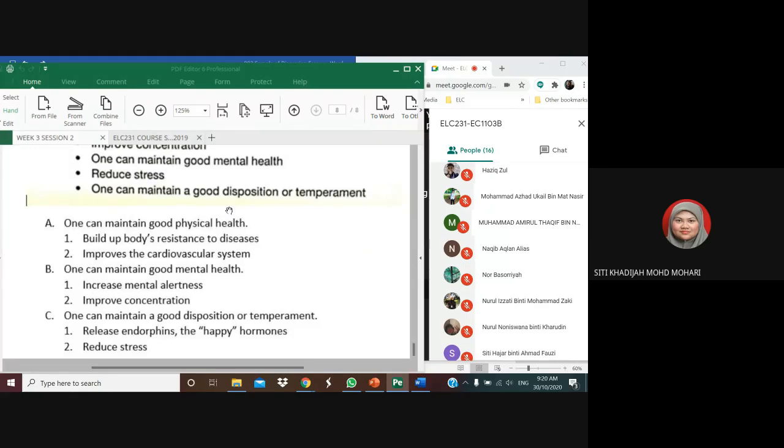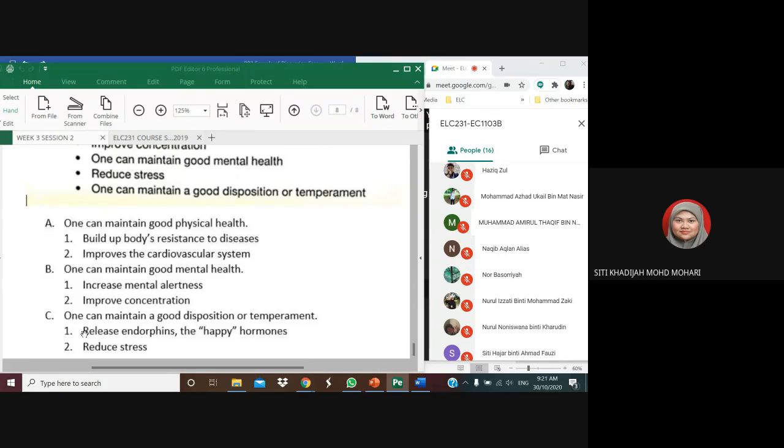The supporting details: build up the body's resistance to diseases as well as improve the cardiovascular system. Number 2, one can maintain good mental health: increase mental alertness as well as improve concentration.